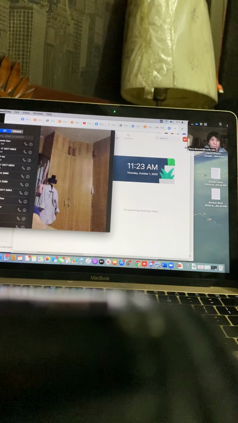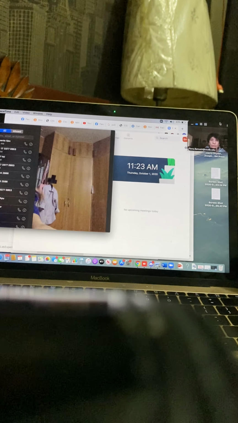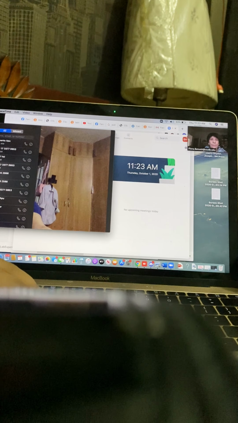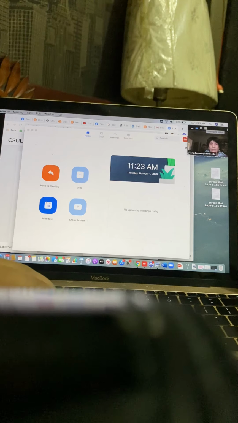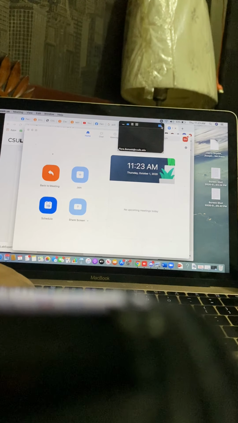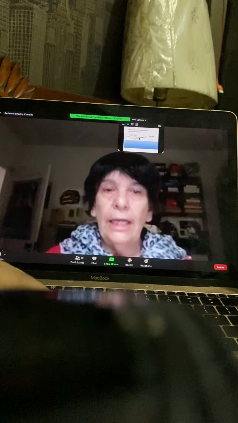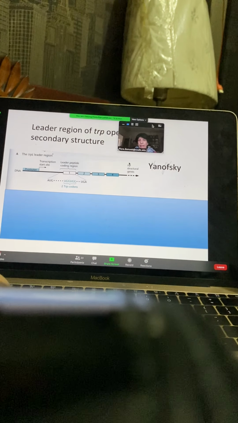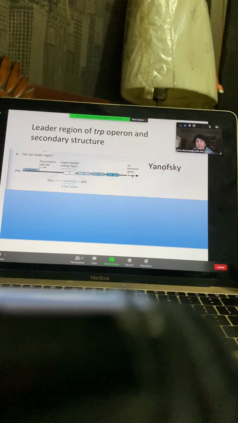Okay, so let's expand this region of the leader sequence. You have the promoter, you start the transcription, and then you have the leader sequence attenuator, this here, and there are 4 different regions called 1, 2, 3, and 4.